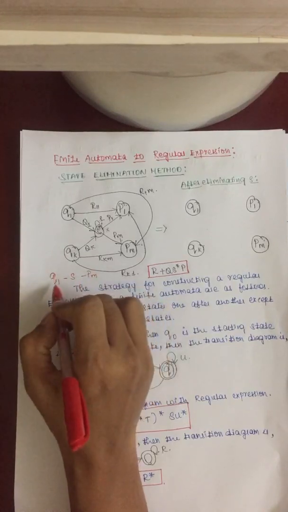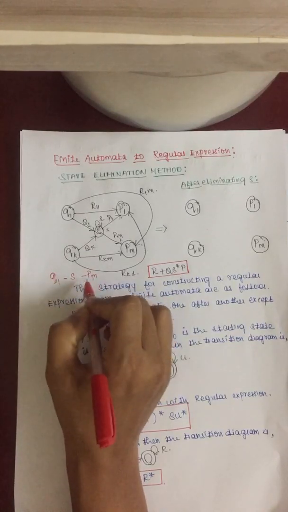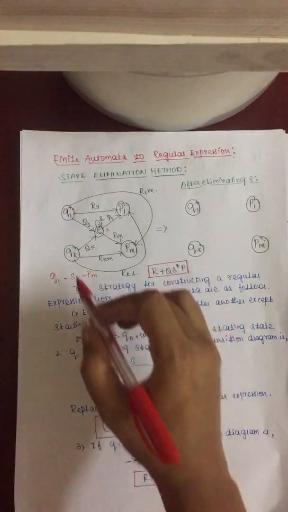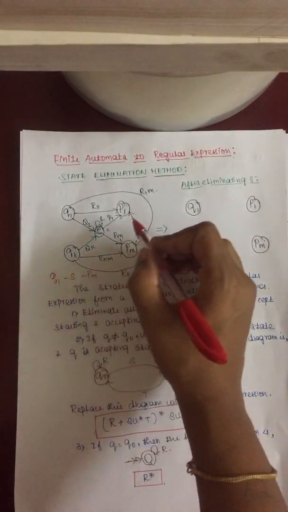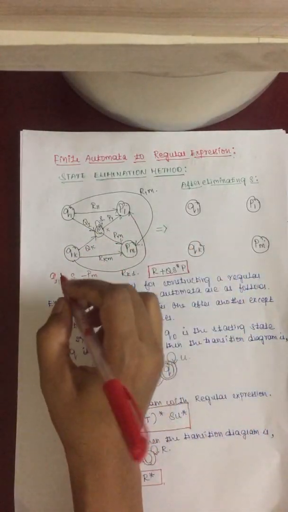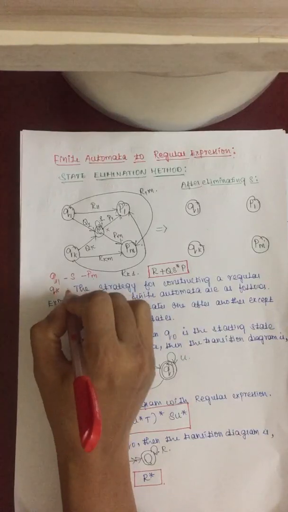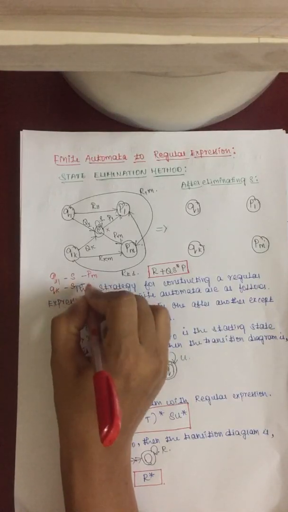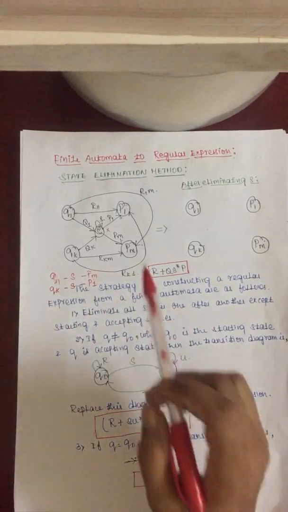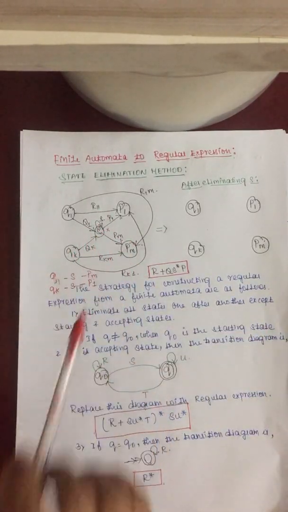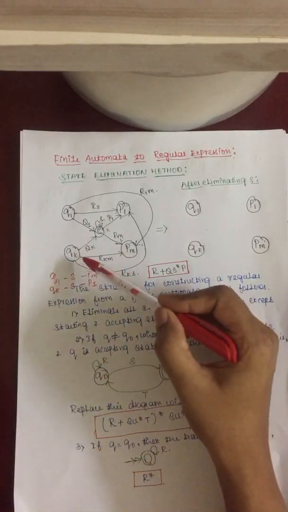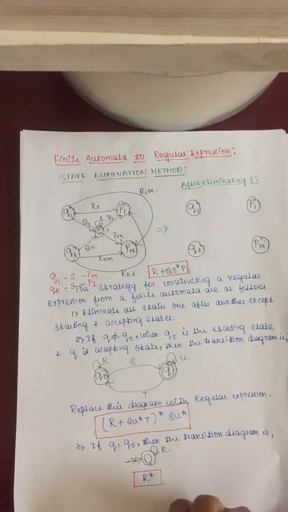And also if you take the states QK and P1, S is acting as an intermediate state for these two as well. From QK through S only we are able to reach the state P1. So only for two paths it is acting as an intermediate state: one for Q1 and PM and another one for QK and P1.